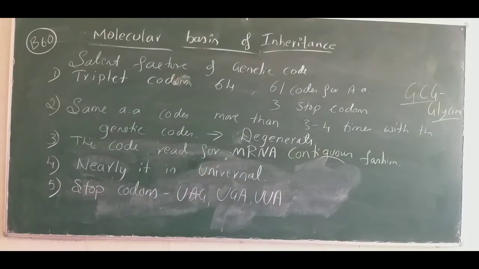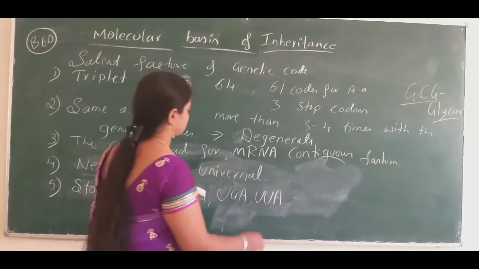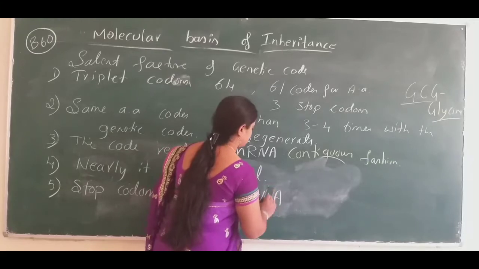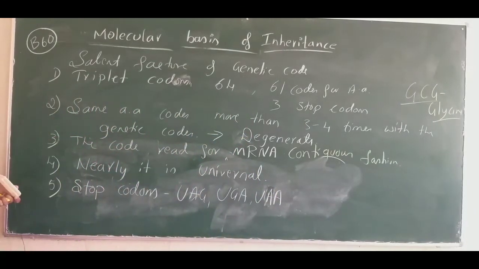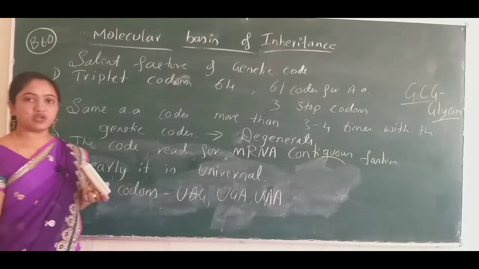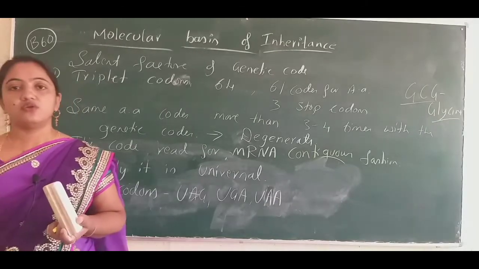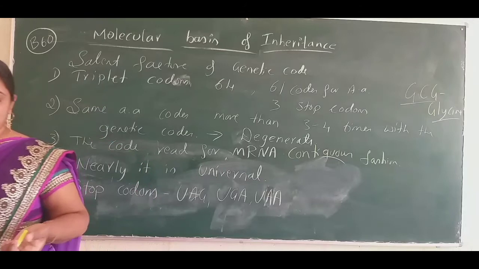You might have seen these triplet codons in the checkerboard itself. So these are known as the 3 stop codons, or they are also known as nonsense codons, right?